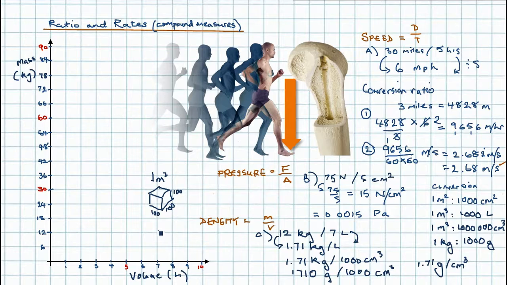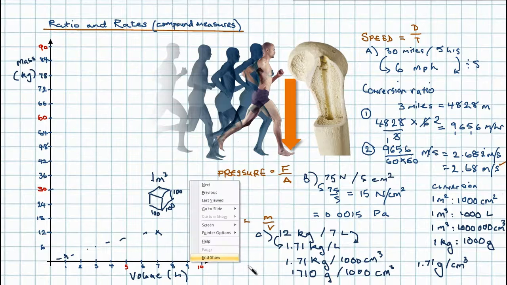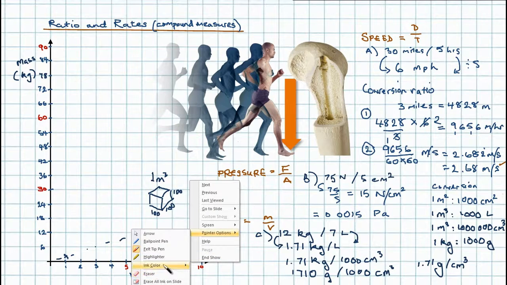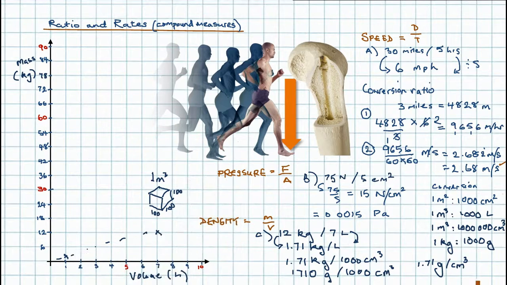I had 12 to 7, but then when I found my unit rate, I had 1.7, should be about here, nearly 2 then, to 1, and if I join that up again, I should get a straight line. So I'm going to say that that answer there seems to be correct.